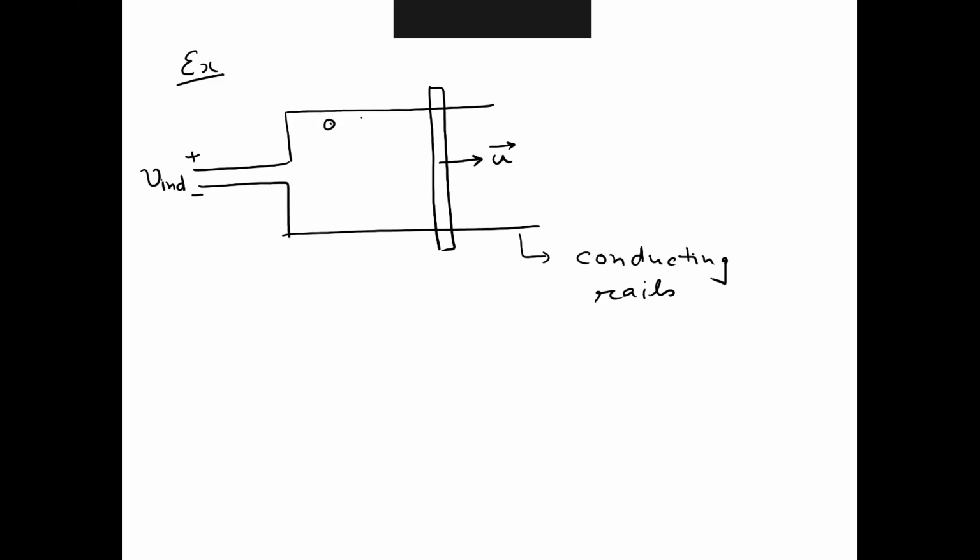So the B is uniform and is coming out of the board. Let's assume this is X direction, Y direction, and coming out of the board is my Z direction.